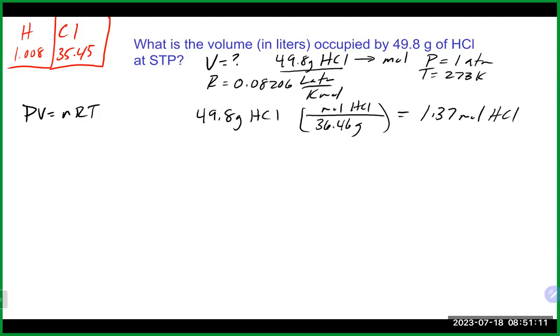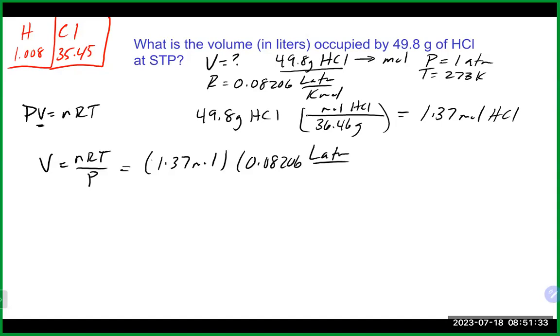Now we've got everything we need. We will solve for volume. So volume would be nRT divided by P. Put in our numbers here. We've got 1.37 moles, our gas constant, and as we talked about yesterday, you can use 0.0821, which is a common number a lot of people will use as well, 273 Kelvin, all divided by 1 atmosphere.